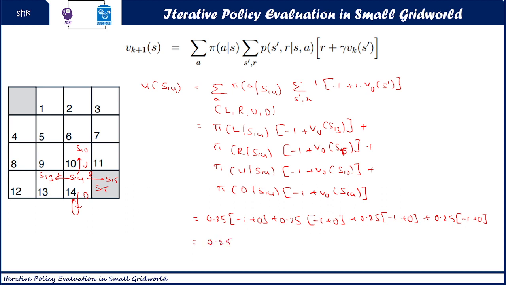Now we take 0.25 as a common factor. By adding -1 plus 0, we get -1, -1, -1, -1, which is equivalent to 0.25 into -4, which gives us -1.